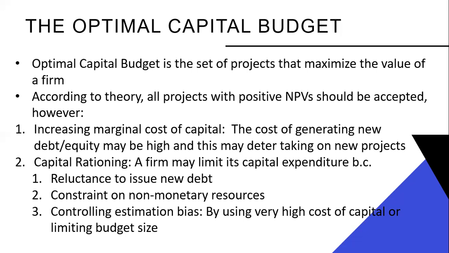This is where companies try to limit the amount of capital expenditures they are making, because maybe they are reluctant to issue new debt, or there are constraints on non-monetary resources such as marketing, finance and all the support departments. Maybe they don't have the capacity to take on a lot of new projects.